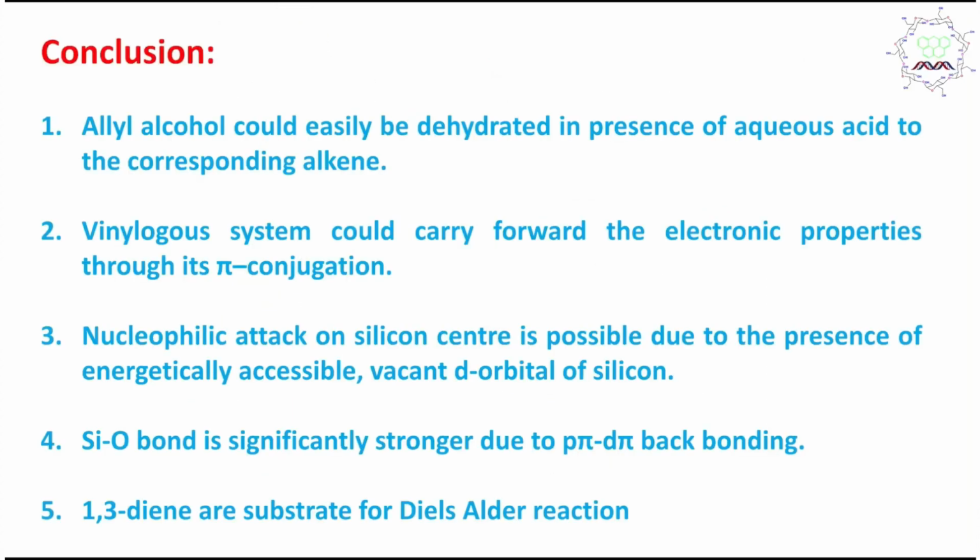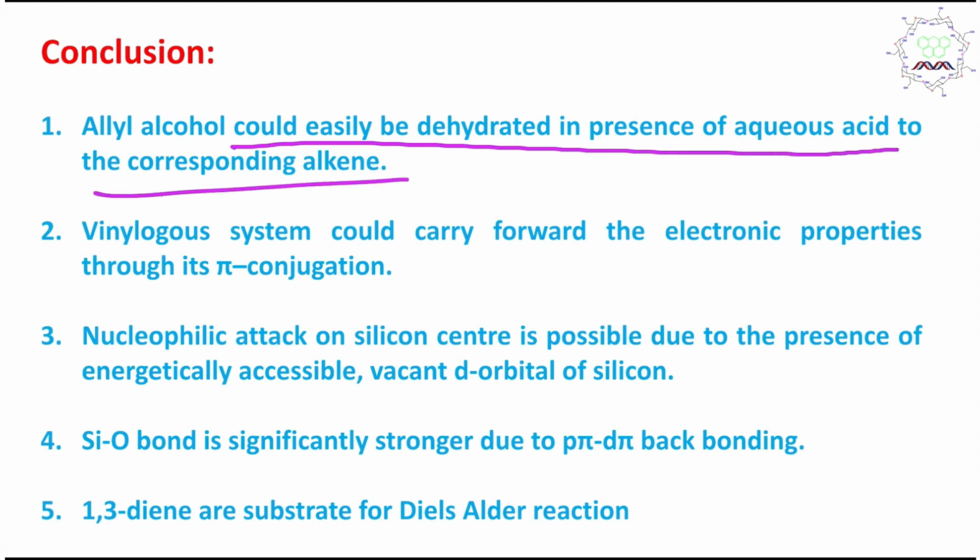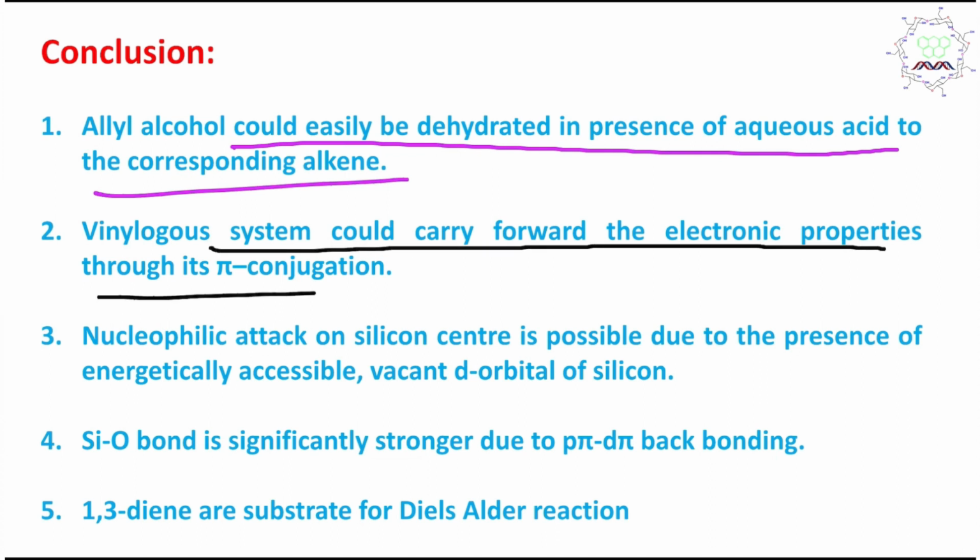Now, in conclusion, what you have learned today is that allyl alcohol could easily be dehydrated in the presence of aqueous acid to produce the corresponding alkene, in this case actually a diene, because it's an allyl alcohol. Now a vinylogous system could carry forward the electronic properties of the molecule through the pi electronic environment.